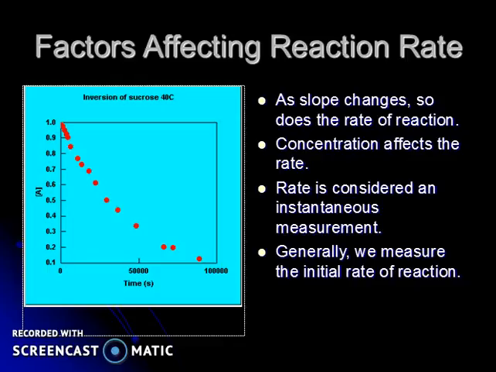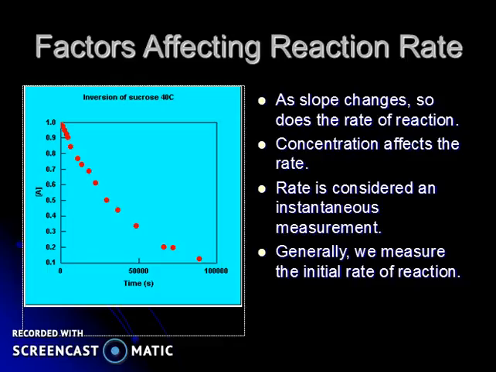And in this case, if I wanted to know the rate of the reaction at any given time, that would be change in concentration over change in time. The concentration is on the y-axis, and time is on the x-axis, so it's change in rise over change in run.